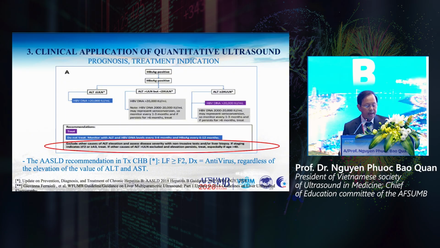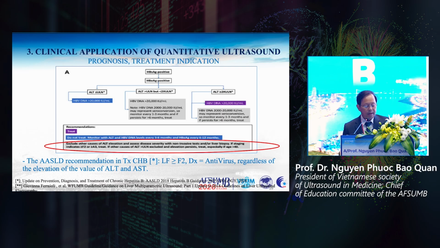According to the AASLD recommendation on the treatment of chronic liver disease, in case of liver fibrosis superior to F2, we can have antiviral treatment for the patient regardless of the level of the ALT, AST. Normally, if AST, ALT is more than 2 times the upper limit of normal, we have to treat.